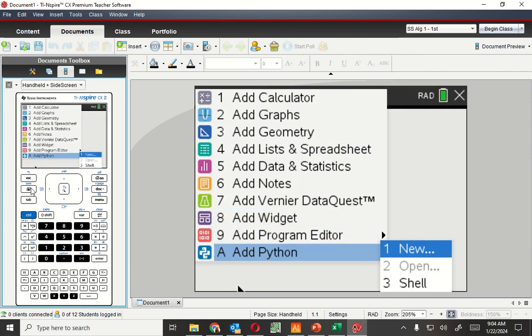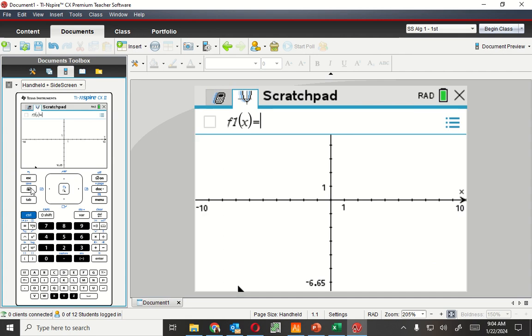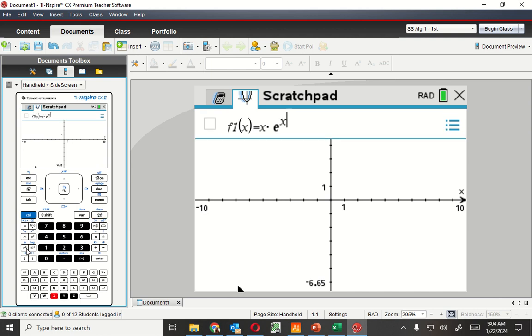I'm just going to hit that scratch pad there, and I want to know e to the x.